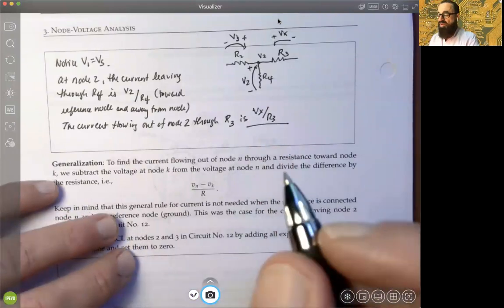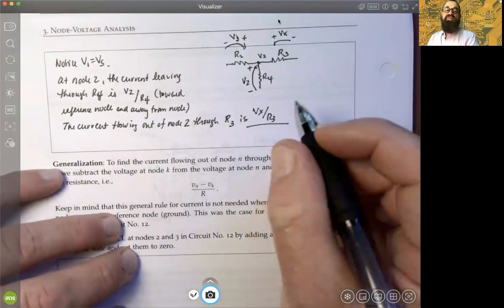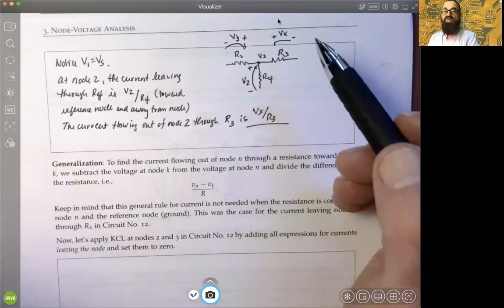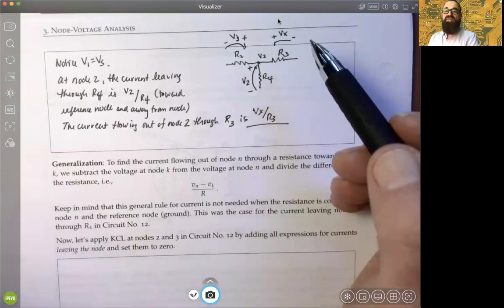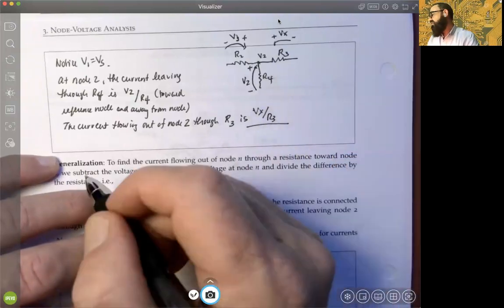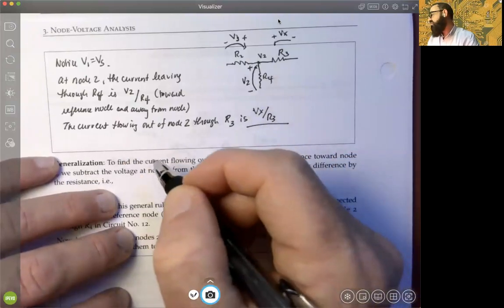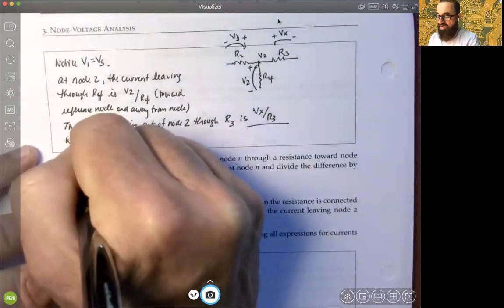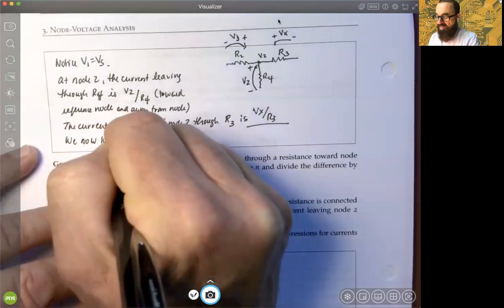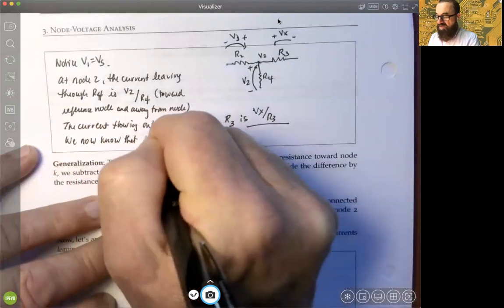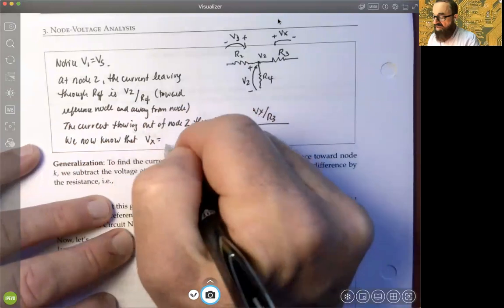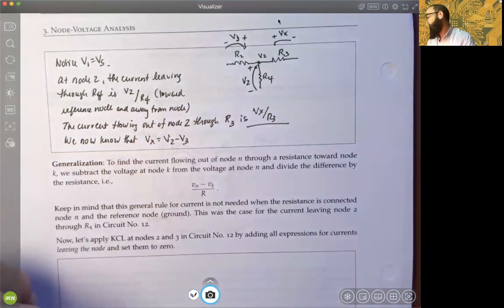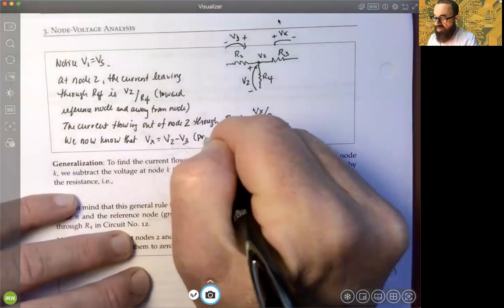But the reason why this is useful now is this is assuming you know what Vx is. But remember, how would we ever find it if we don't have equivalents in series and parallel? Node voltages. On the previous page, we determined that we can represent Vx as the difference of these node voltages, V2 minus V3, okay? Again, this is the previous page.